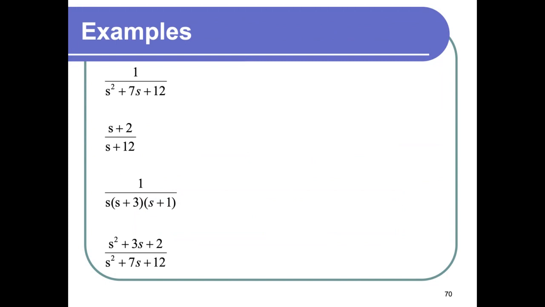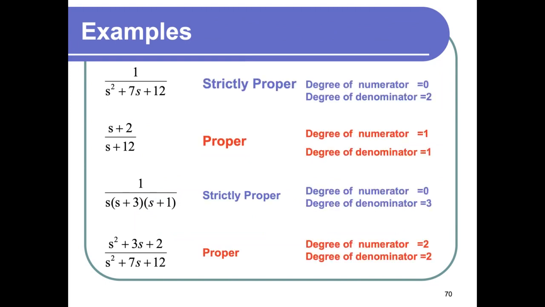And why? We look into the degrees of the numerator and the denominator. For strictly proper, the degree of the denominator is greater than the numerator, and similarly for the others. Suppose I have s cubed in the numerator and s in the denominator, then this is called improper.